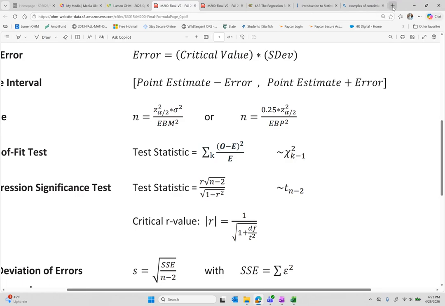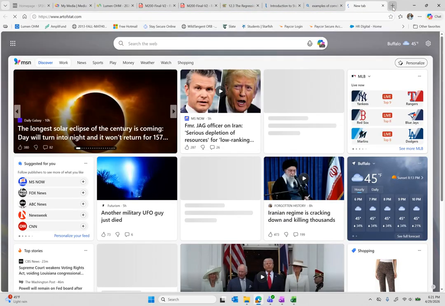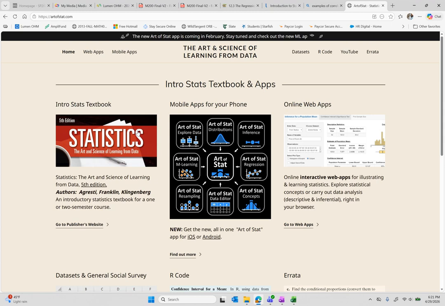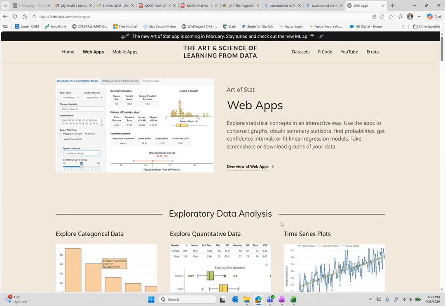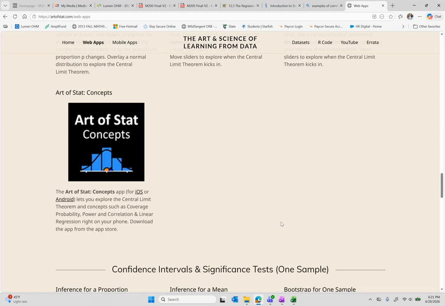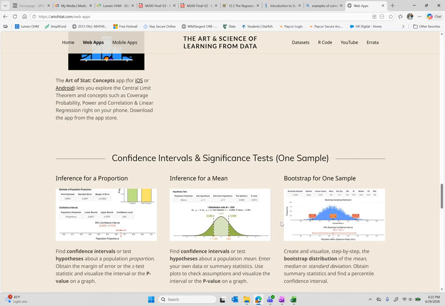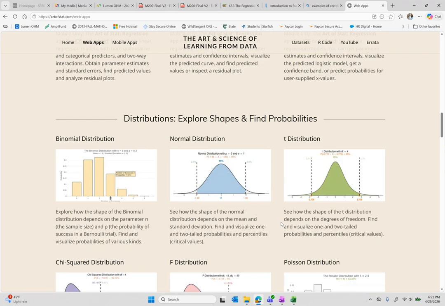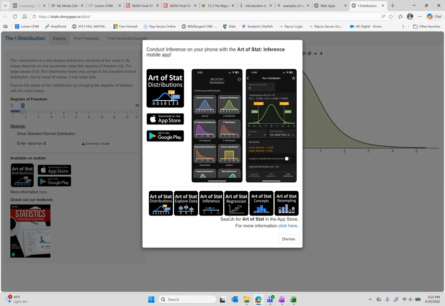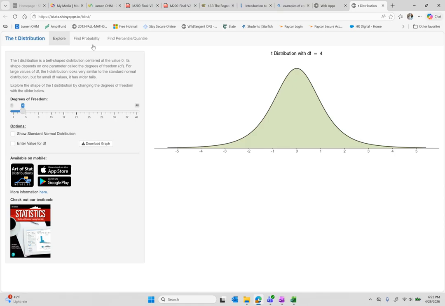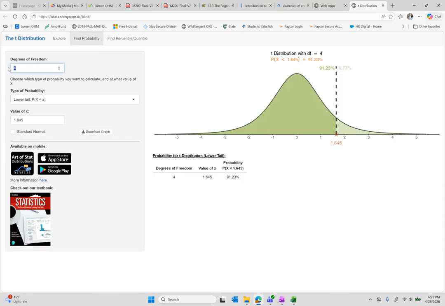So I'm going to go in Art of Stat. And I'm going to go down to the t-distribution. And I'm going to ask for a probability. And for degrees of freedom, I'm going to enter 9.